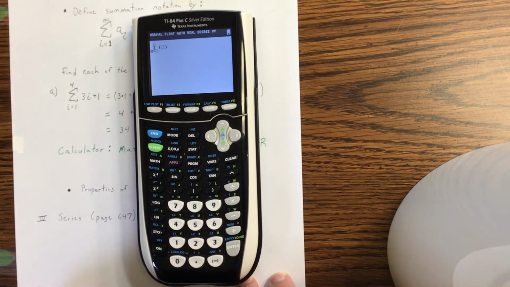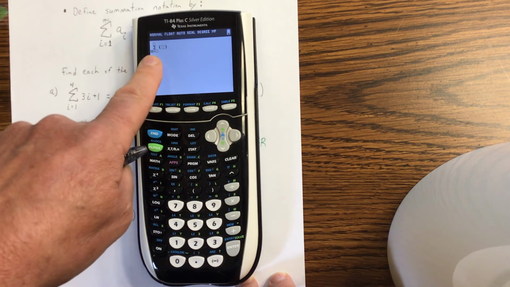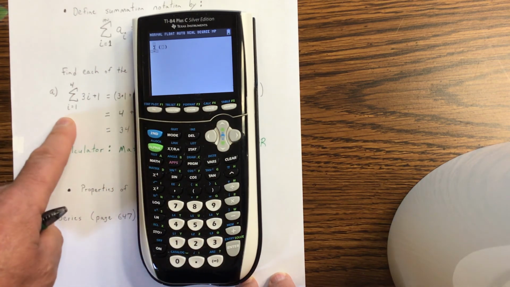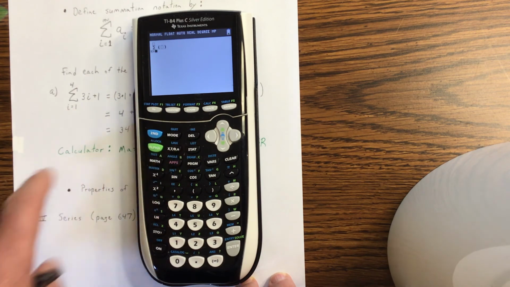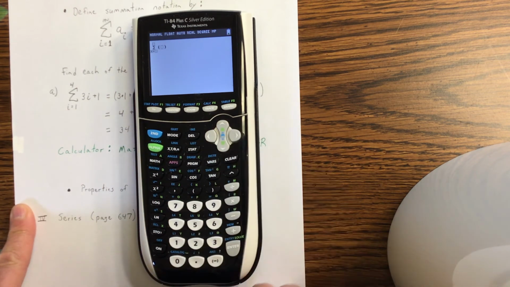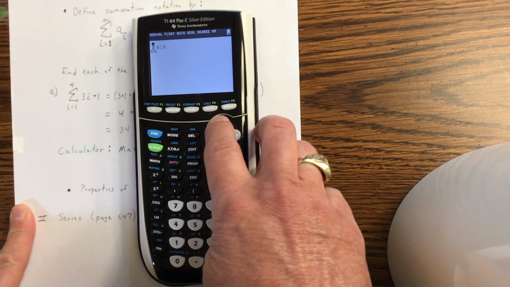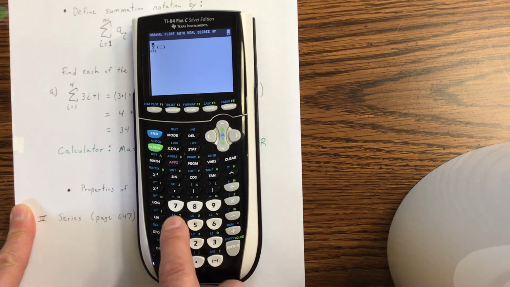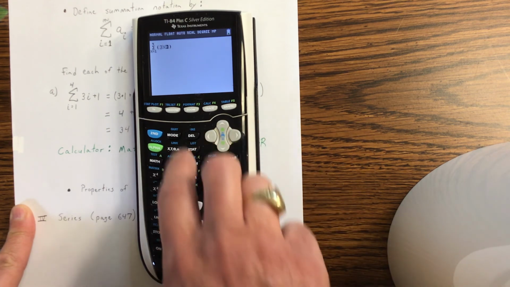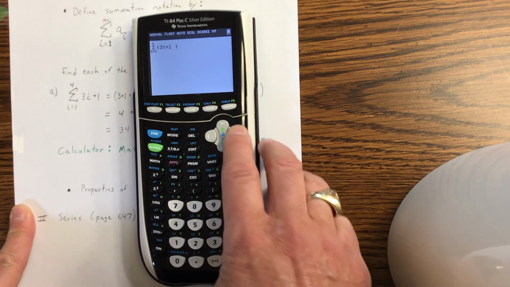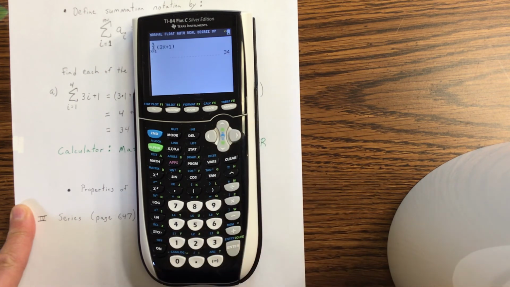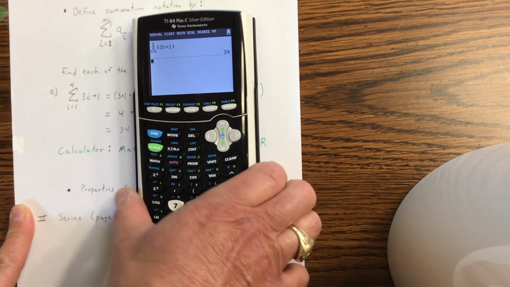Hit enter. You can use i, but I'm going to use X because it's already in your calculator. X, starting off with the first term, moving your cursor up to the fourth term, and over here, this is your equation. If you hit enter, you also get 34.